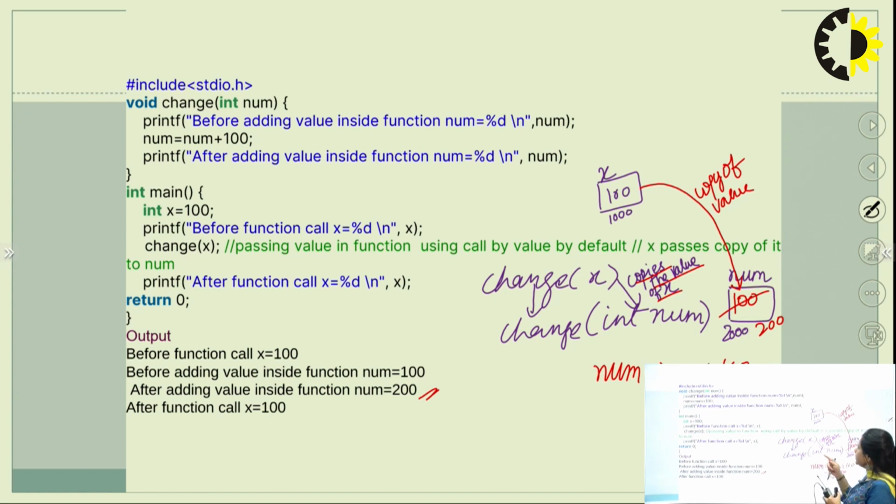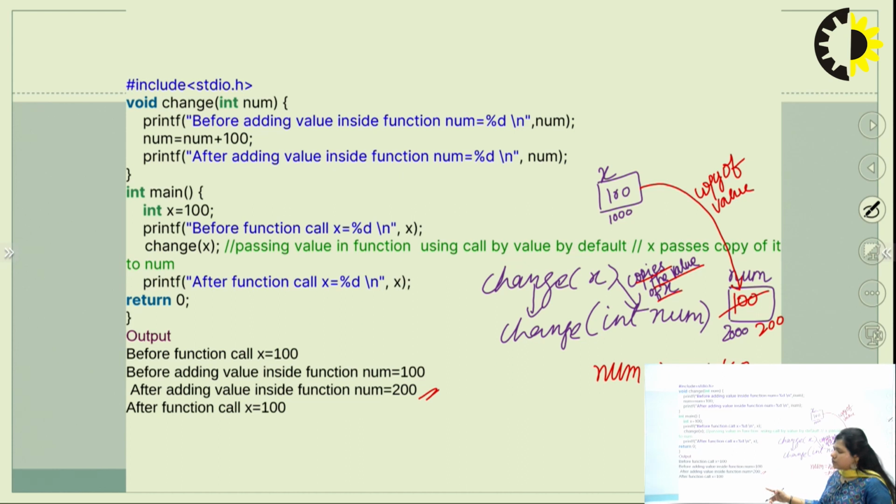So what happened is any change that you did in change function didn't affect our original variable x, right? Because during this process, as we have discussed, they passed on the copied values. They created the duplicate value of their variable and passed to the variable or formal parameter. So any change, any manipulation that took place, took place in the copied value only without affecting the original.